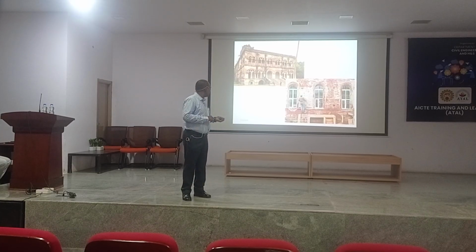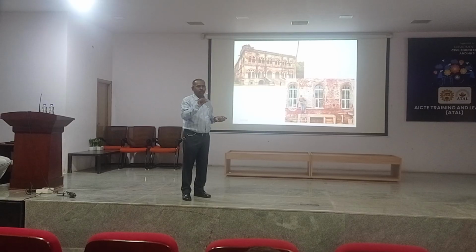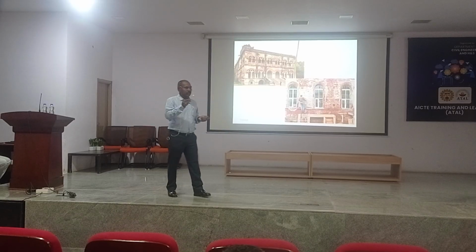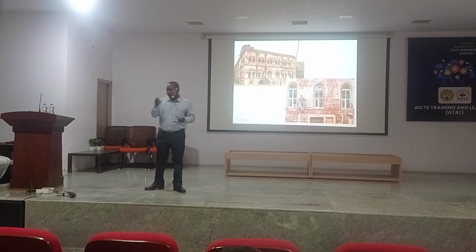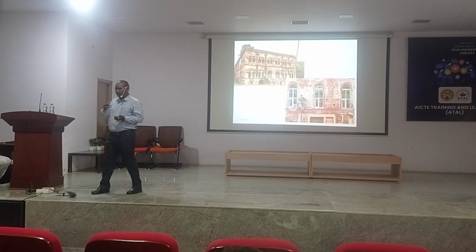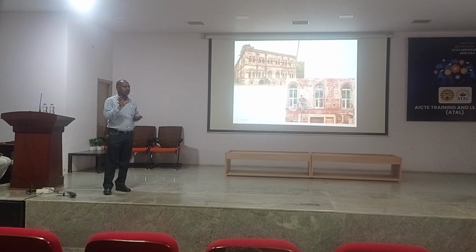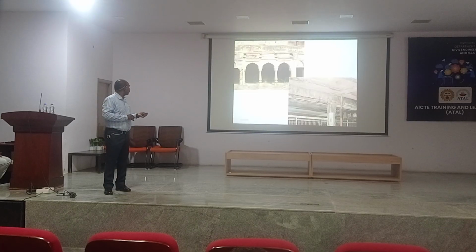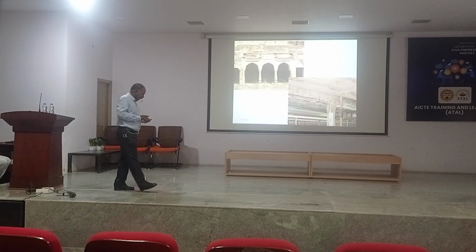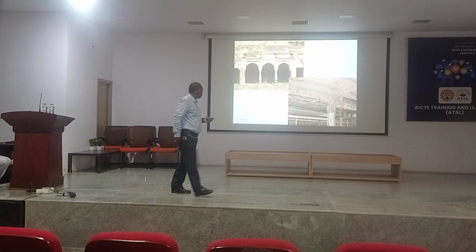Therefore, you can remove some 1 or 2 inches of that mortar portion and put good mortar again. That is called repointing. This is one of the pictures: all the bricks are exposed, but the architecture is good. Likewise, there are some figures to identify the problems in historical structures.